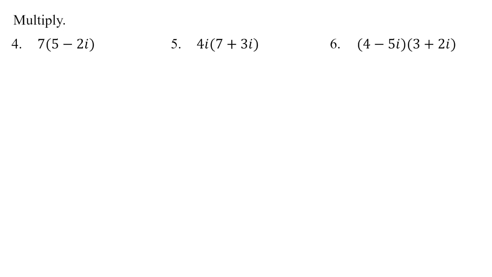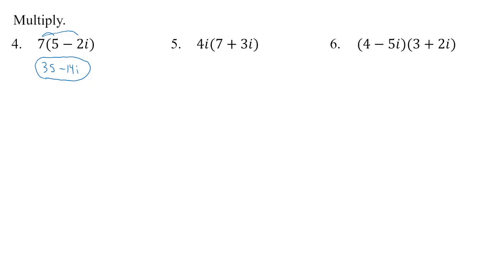We have 7 times 5 minus 2i. So we're going to apply the distributive property. 7 times 5 is 35. And 7 times negative 2i is negative 14i. Therefore, the solution is 35 minus 14i.